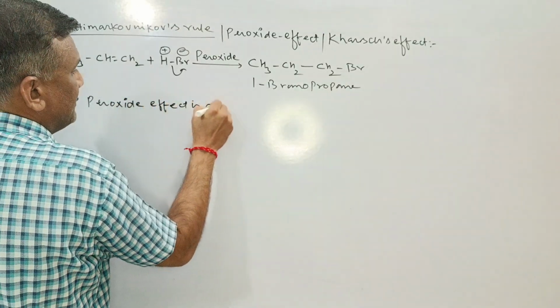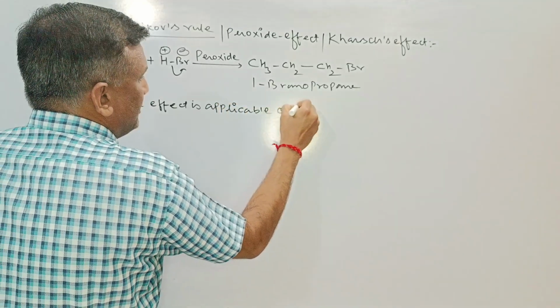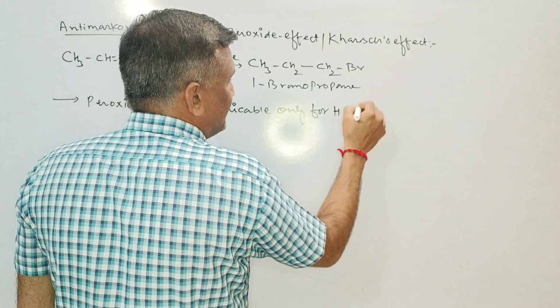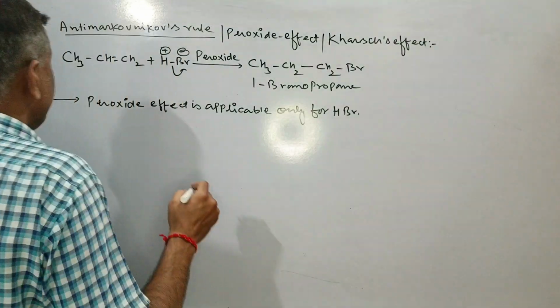the peroxide effect is applicable only for HBr, neither HI nor HCl.